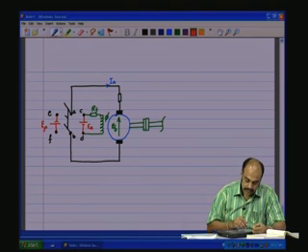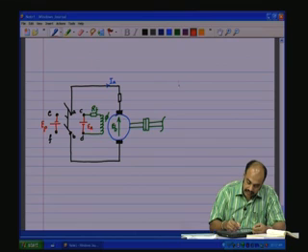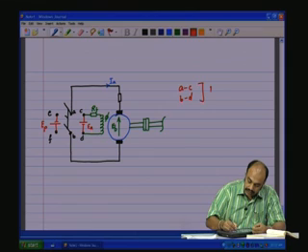So, when A and C are connected, B and D are connected, then it is motoring. Under such conditions, IA is equal to EA minus EB by RA.